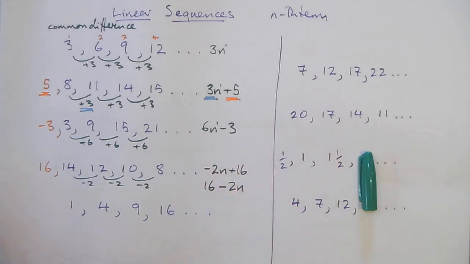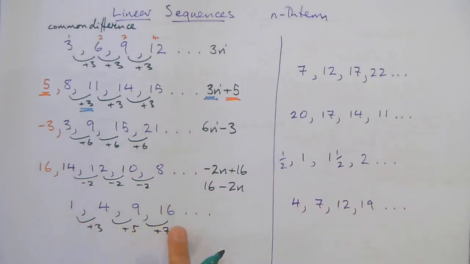The nth term. Okay then, how might we try and catch you out? We might give you a sequence that goes 3, 5, 7. And we're going to say more about these next year. So this is not linear, but hopefully you would spot, oh look, 1, 4, 9, 16, they are all the square numbers.